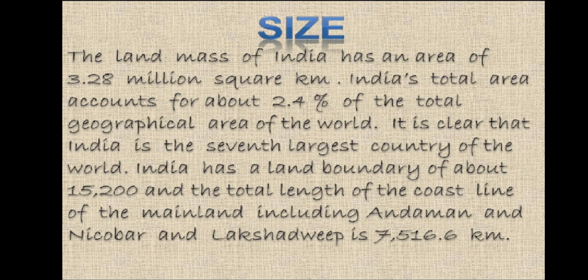It is 2.4% of the total geographical area of the world. India is the 7th largest country of the world. India has a land boundary of about 15,200 kilometers and total length of coastline of the mainland including Andaman and Nicobar and Lakshadweep is 7,516.